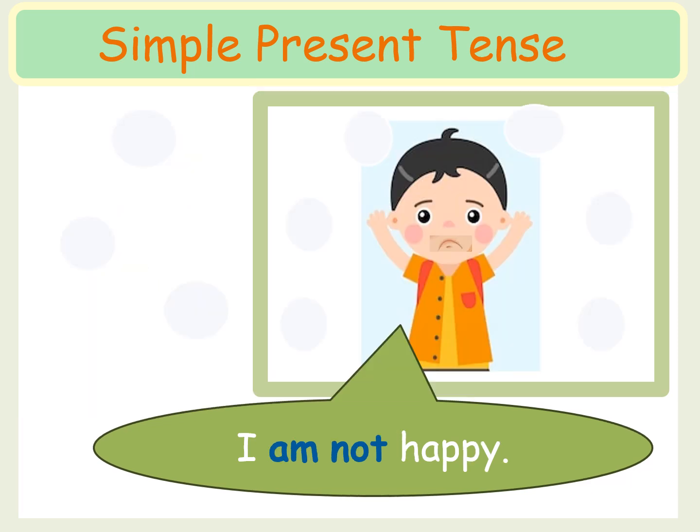I am not happy. So we can do the same thing. Instead of saying I am not, we can shorten it or contract it. In one way only, we take away the letter A. I am not becomes I'm not. I'm not happy.